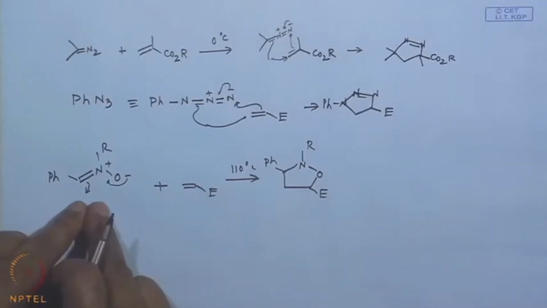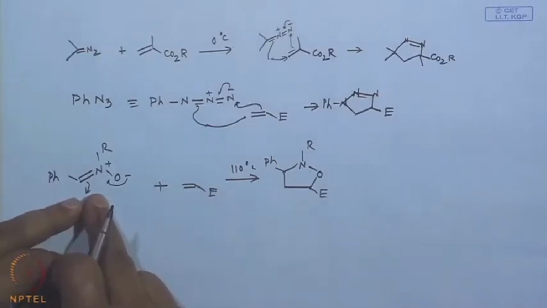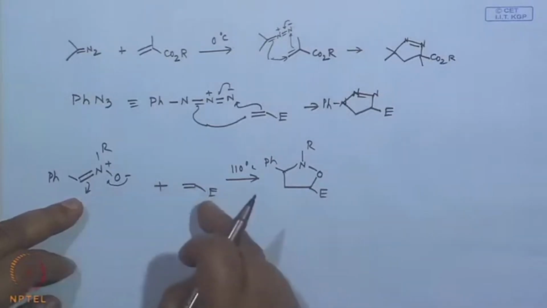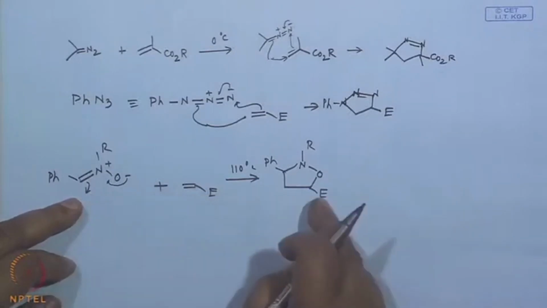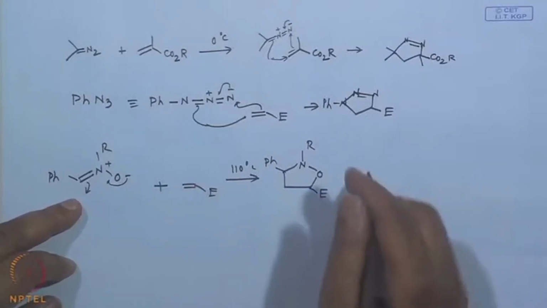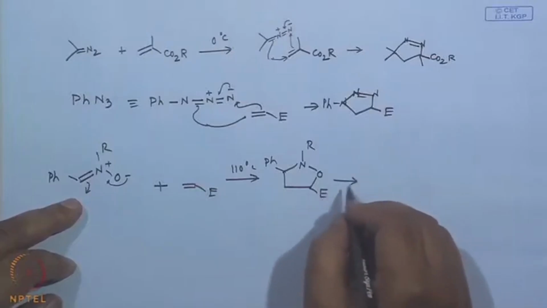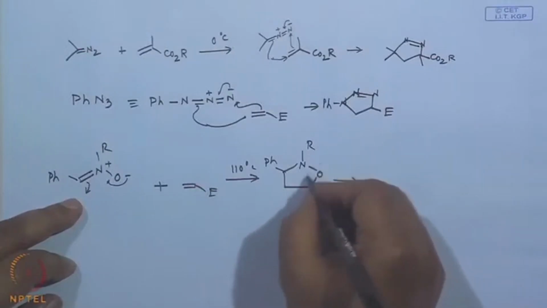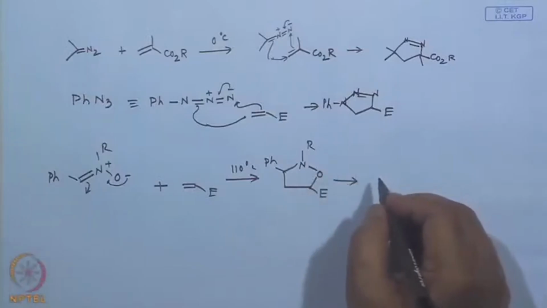What is the net result? This is basically again a reaction, and the substrate here is known as nitrone. So, sometimes we call it nitrone cycloaddition. Normally the nitrone cycloaddition products are cleaved at the nitrogen oxygen bond.